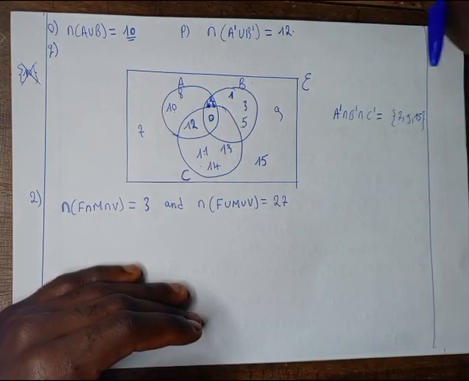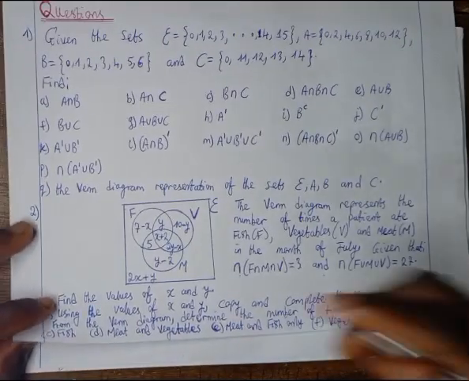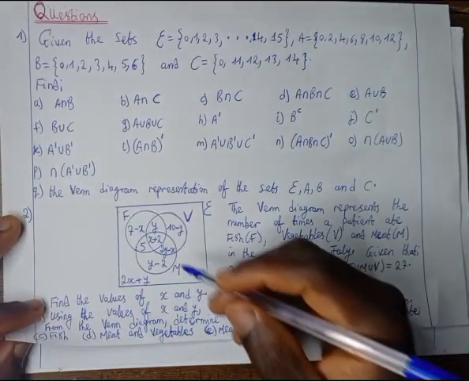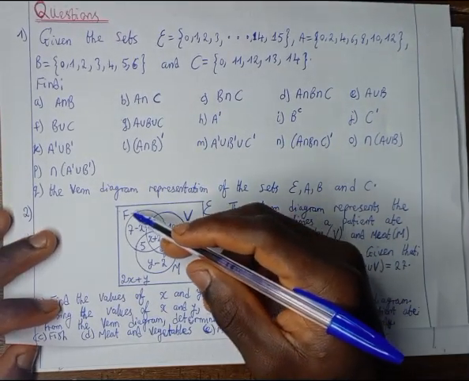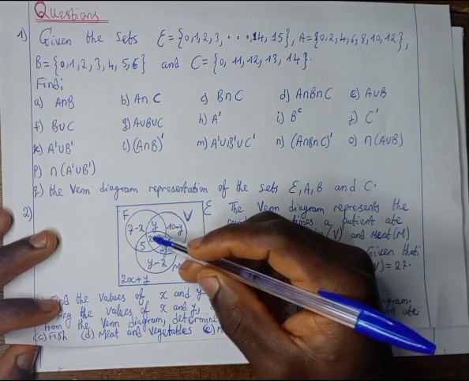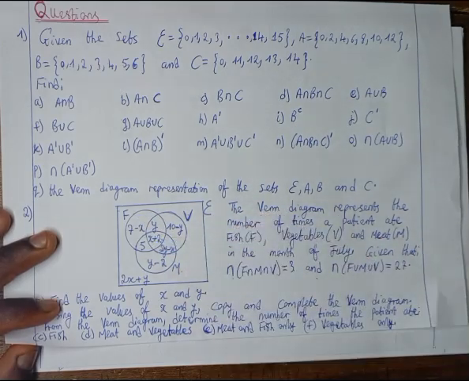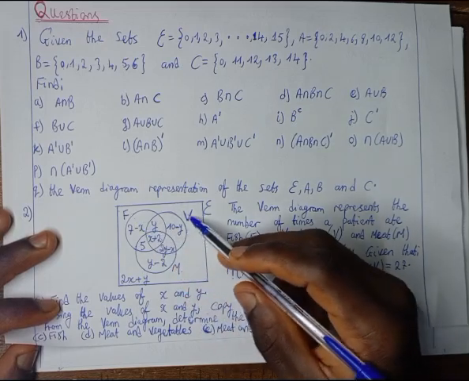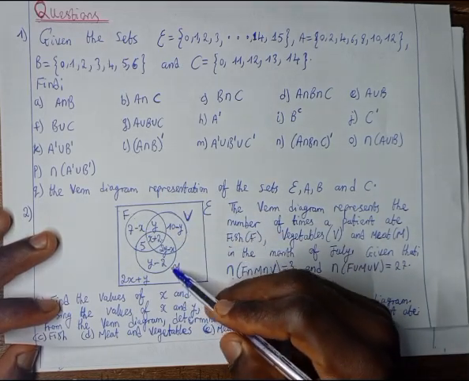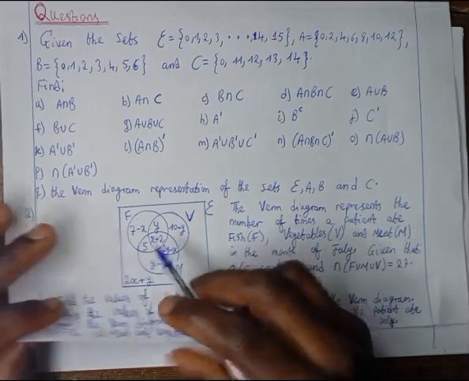Looking at our universal set, you see that where the three sets intersect for fish, vegetable, and meat, we have x plus 2. That means the number of times the patient ate fish and vegetable and meat is simply equal to x plus 2.